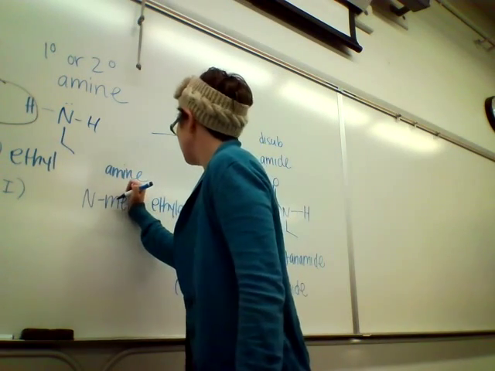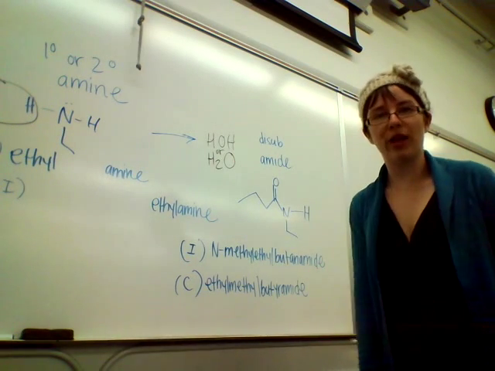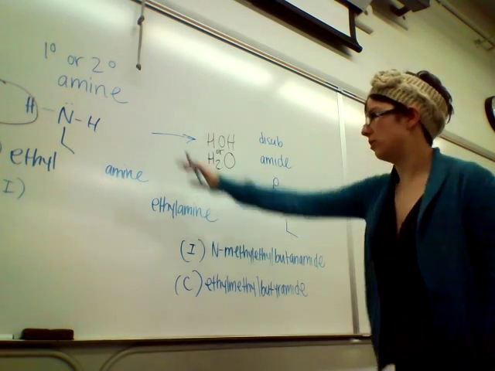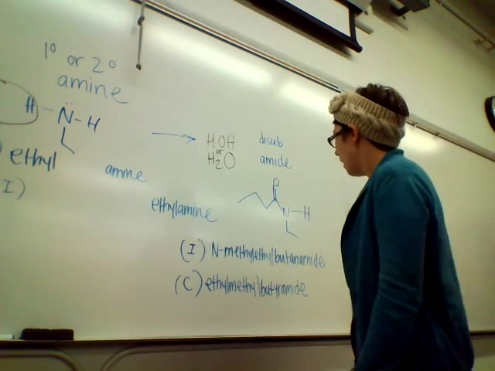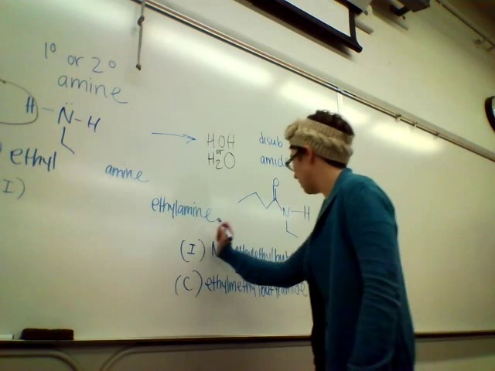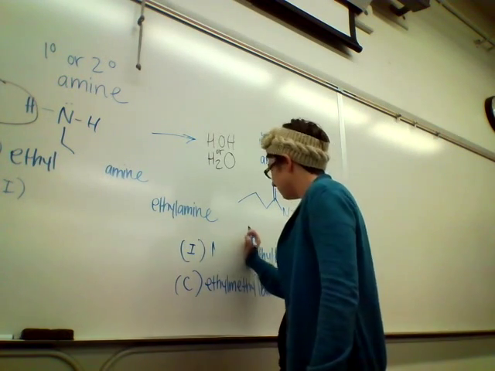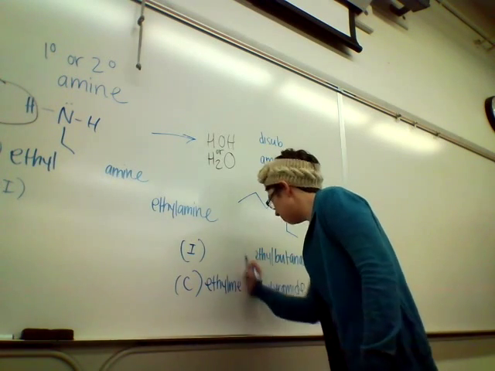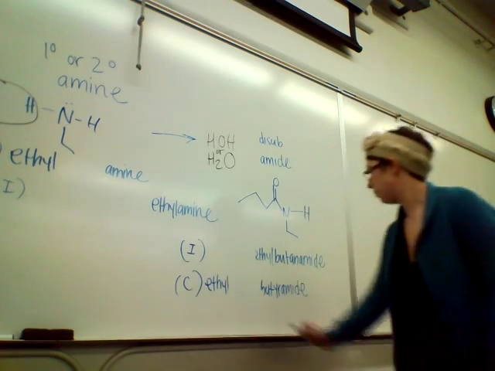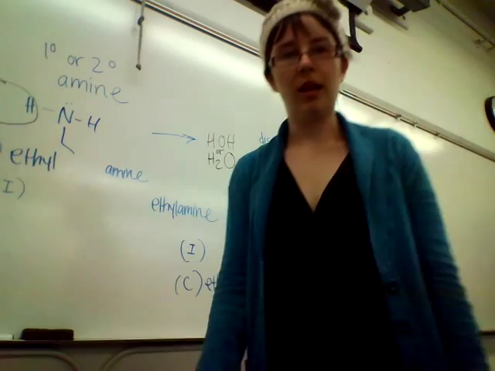It would just be ethylamine for the IUPAC name. So in this case, they'd be the same. And then same thing over here. You just have ethyl butanamide, or you'd have ethyl butyramide for that, for using the other amine.